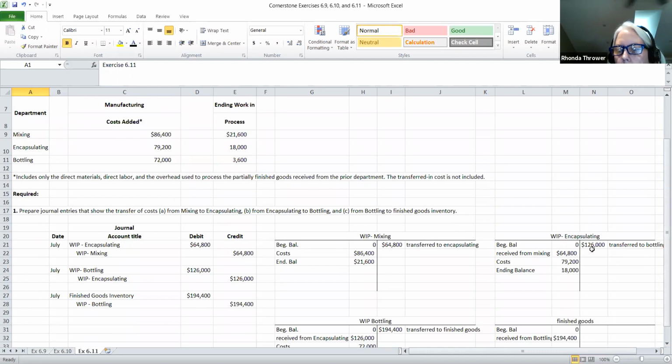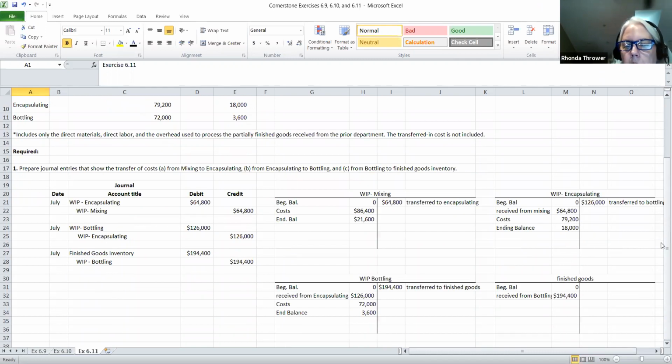And to determine this $126,000, we added our beginning inventory plus what we received from mixing plus our cost, and then we subtract out the ending balance. And that leaves you with what you would transfer out of work in process encapsulating, and then you're going to put it into the bottling department.